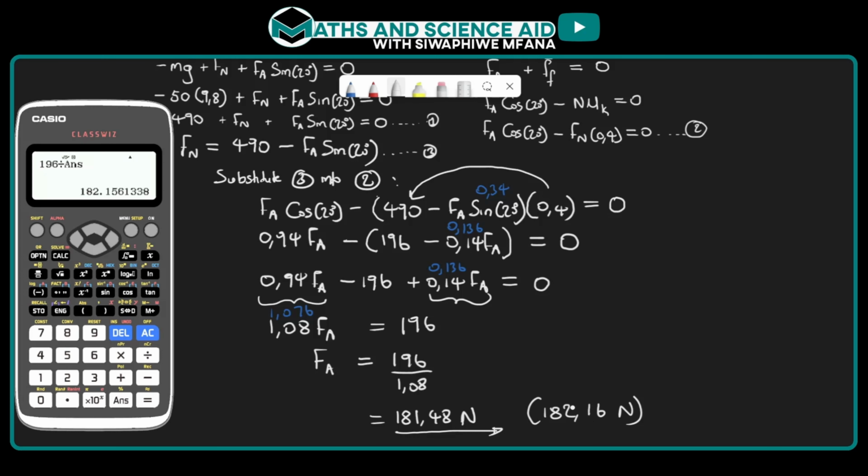And also, I am just clarifying this for those people who go and check the memo and then say, what you told us here is wrong. It's not that what we have done is wrong. It's simply because of rounding.